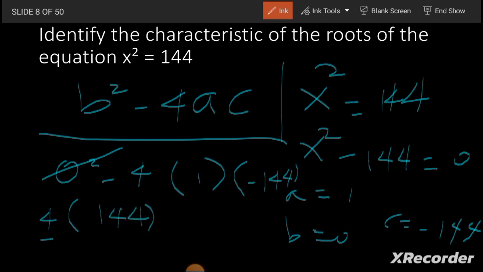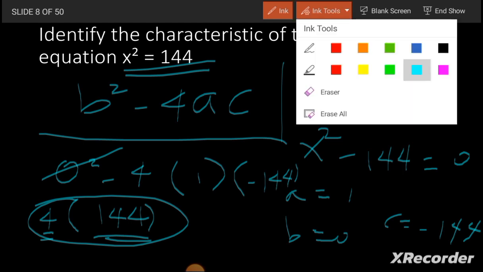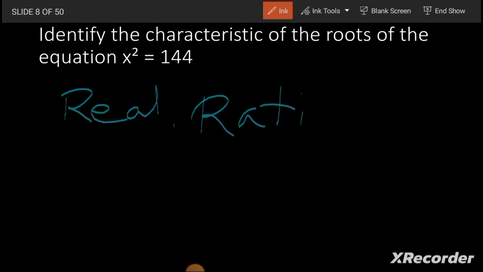As you can see, 4 is a perfect square, and also 144 is a perfect square. So this is greater than 0 and at the same time a perfect square. Therefore, the characteristic of the roots of this equation are real, rational, but not equal. So we can write them as real, rational, and not equal.